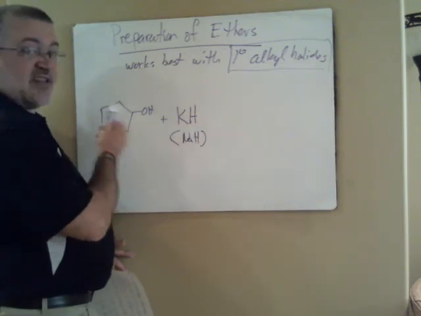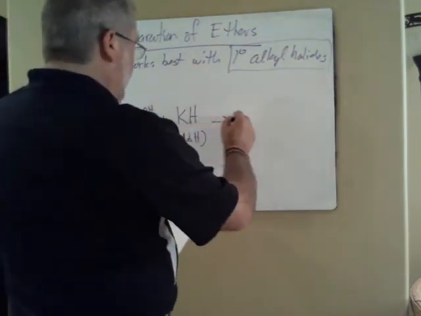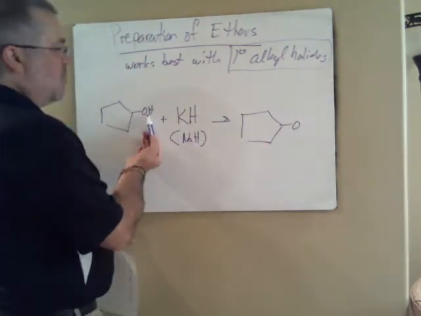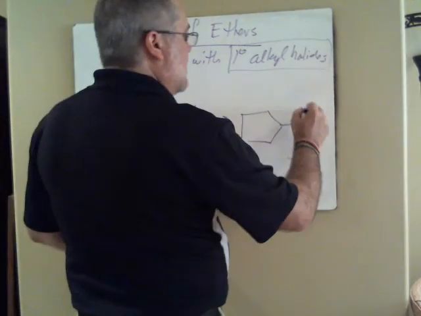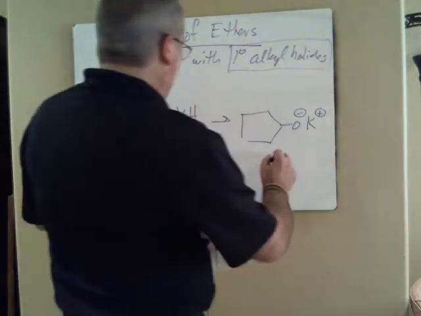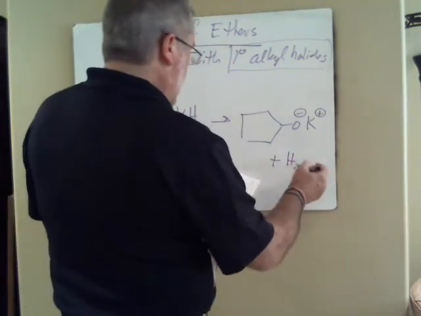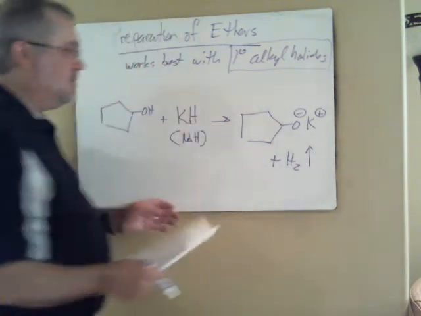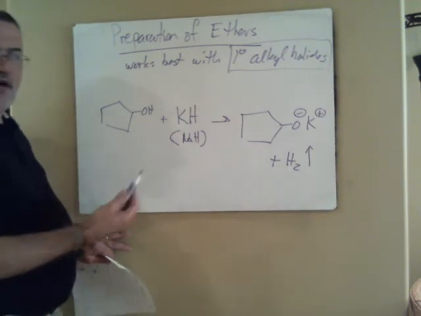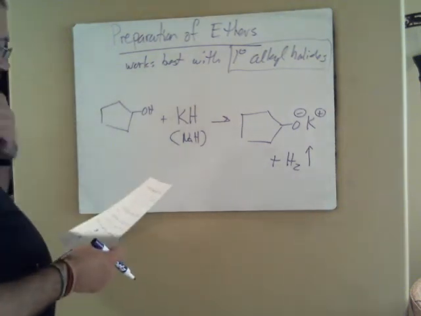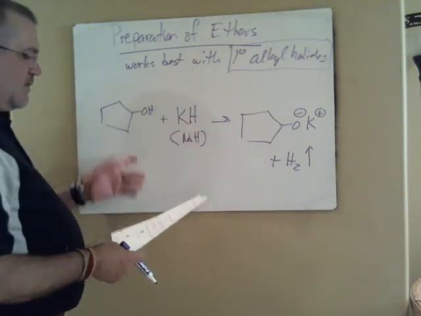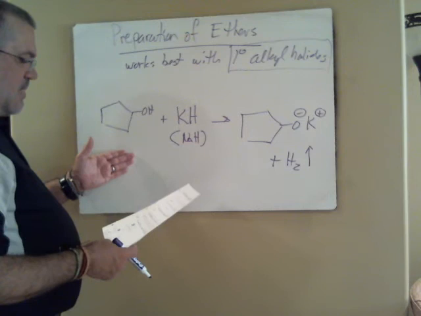You would just be changing the counterion, because what happens then is you simply remove the acidic proton here, and your metal becomes the counterion, and then you're going to form H2 gas, because of your two H's. And so you're giving off hydrogen gas, okay? And it works with potassium or sodium. So that's just a simple way of making that, okay?